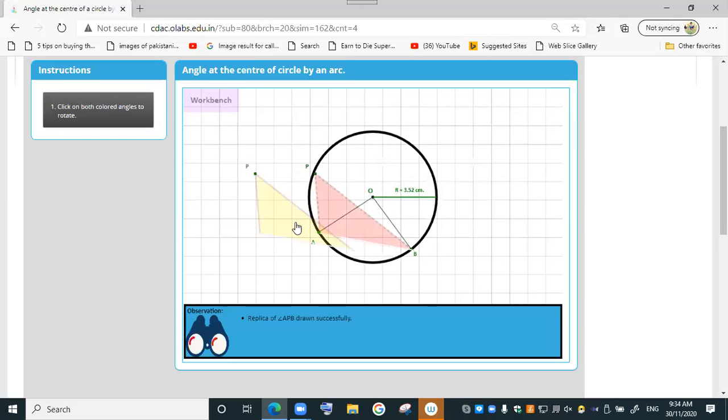We have to make, yes. We got the replica of this one. Okay. So angle P, this angle P. Now click on both colored angles to rotate. We have to adjust this angle here. Rotate.